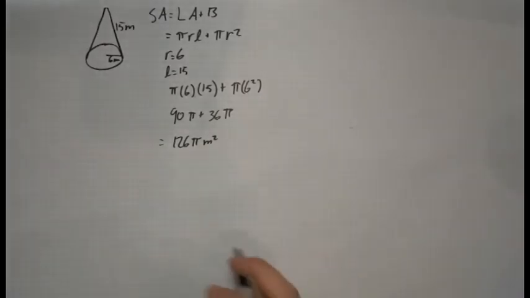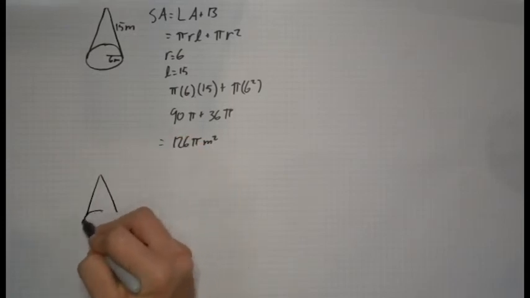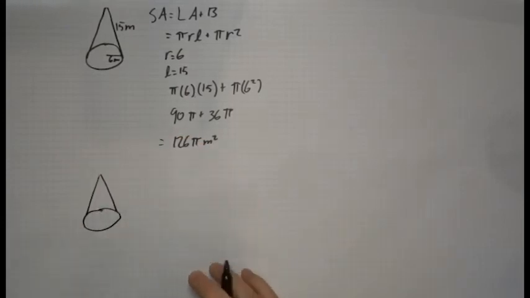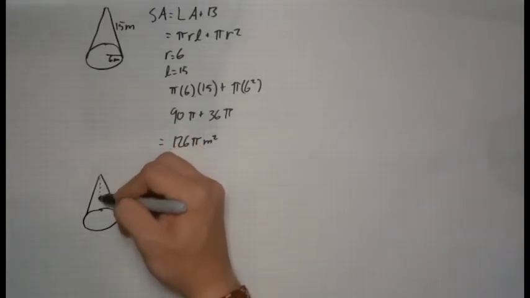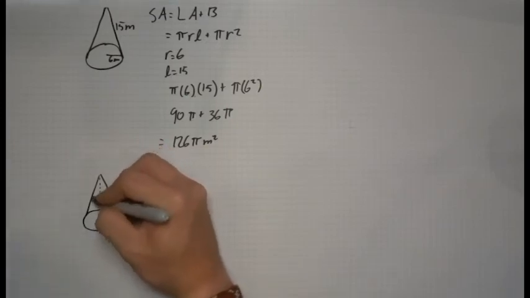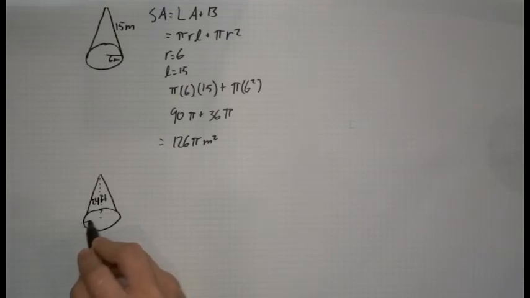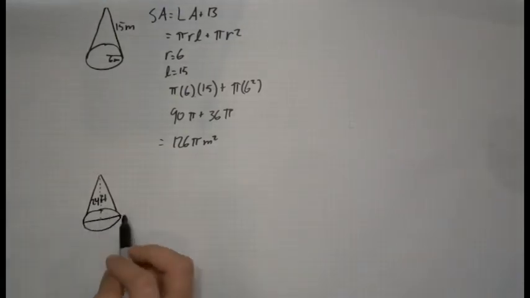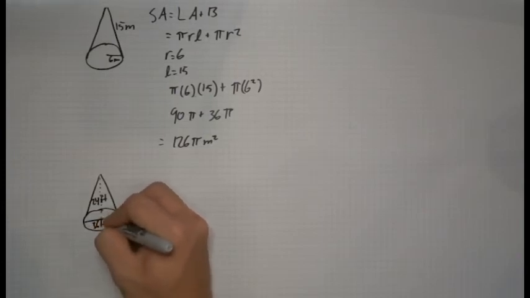All right, let's try another one. Make it a little bit more difficult. Okay, so with this cone, we're given that the height is 24 feet. And the diameter of the base, and that's this whole part, is 36 feet.